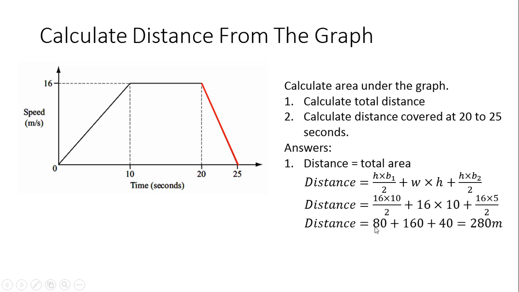So it will become 80 plus 160 plus 40, and the answer should be 280 meters covered by all of this. And for question number 2, calculate the distance covered from 20 to 25 seconds. It means that we only need to count the second triangle, so just do it like this. Done.